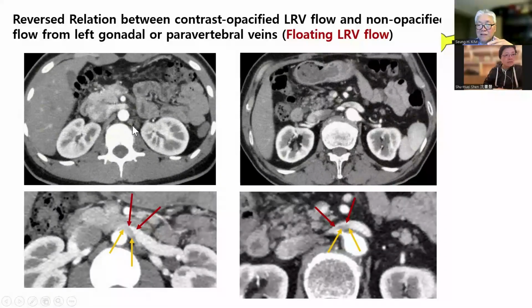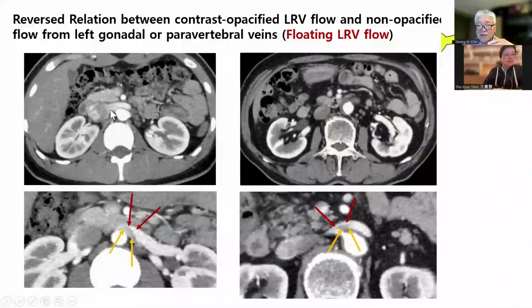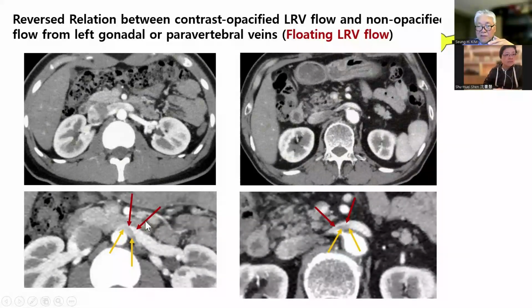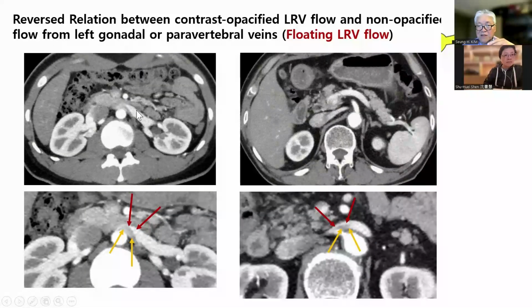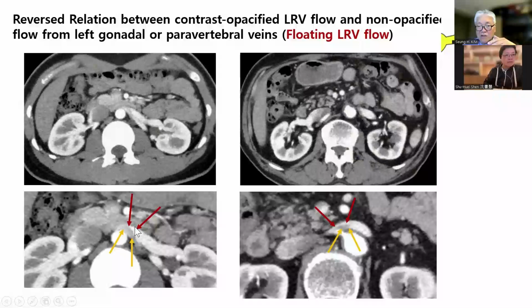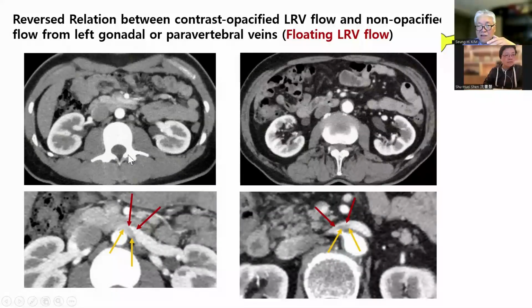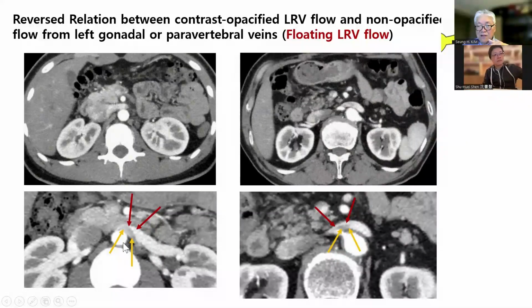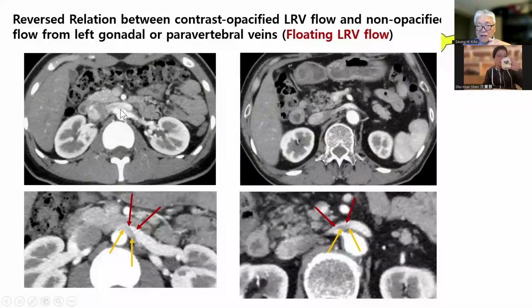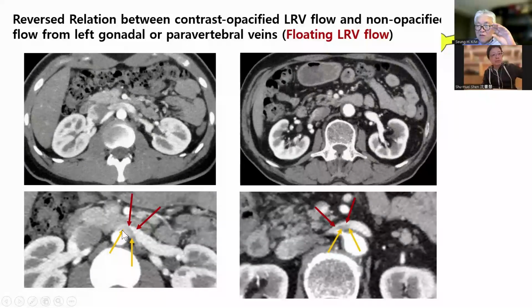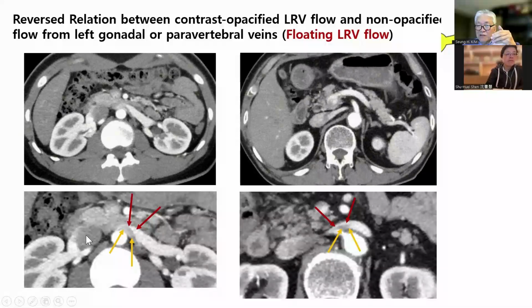And now in this area, contrast opacified heavier blood is along the anterior margin, and the contrast non-opacified blood from the vertebral vein is along the posterior margin. So the relation is reversed.